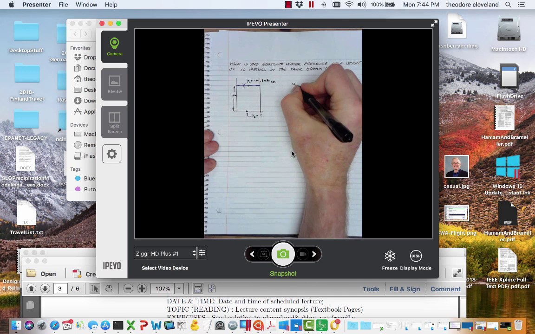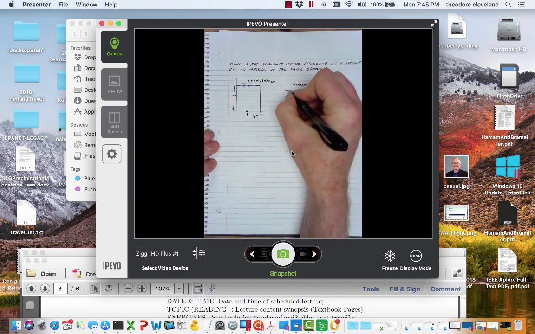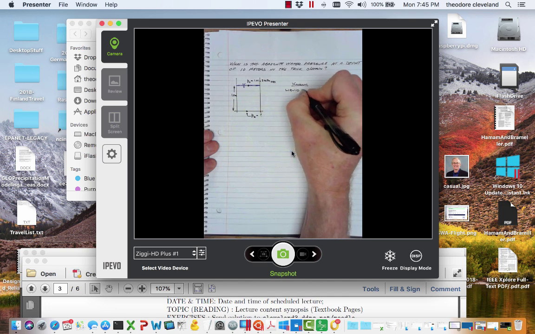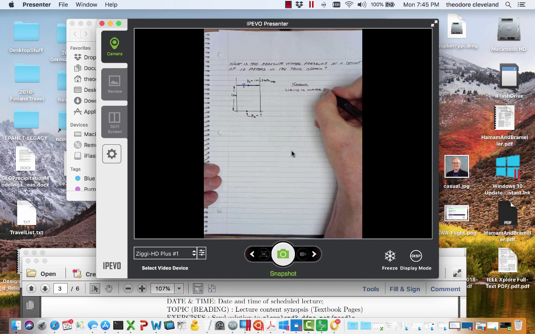So what's known? The liquid is water. Therefore, the density is 1,000 kilograms per meter cubed, and the specific weight is 9,800 newtons per meter cubed.